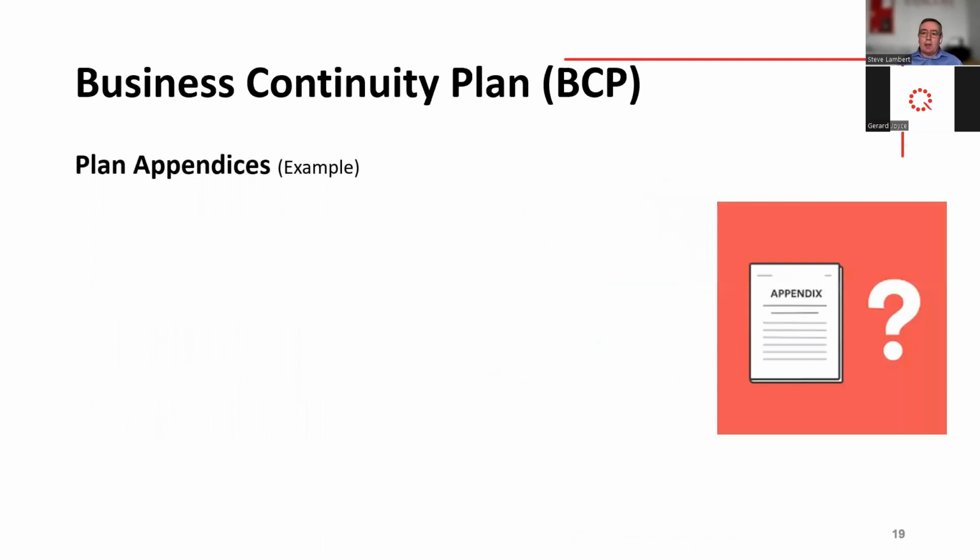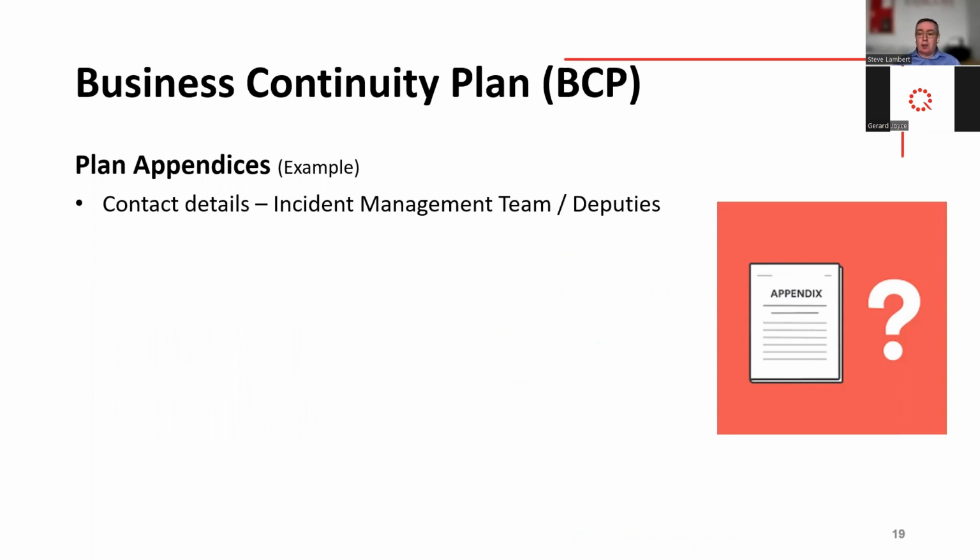In terms of the plan itself, I mentioned plan appendices earlier on, and as an example, some of the things that you might have within your business continuity plan are contact details for the incident management team and the deputies. It's quite key that you have the deputies in there as well, because if your primary incident management team members are away on holiday or on leave somewhere, then you need to contact the successors or those deputies and get them to cover the role.